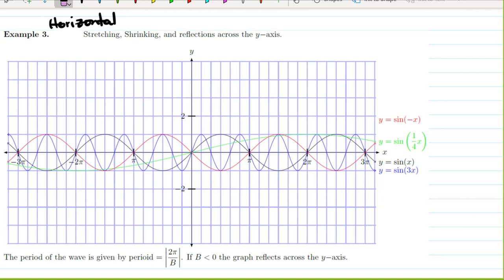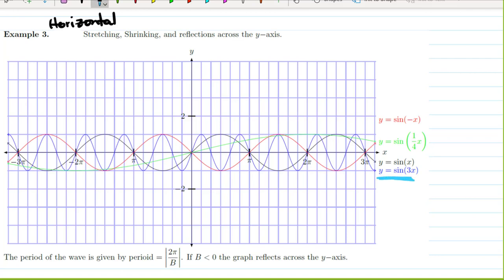If I look at sine of 1/4 x, I'm taking 1/4 of x, but on this entire green graph I don't even get through one period. It stretched that wave horizontally and made it very, very long.